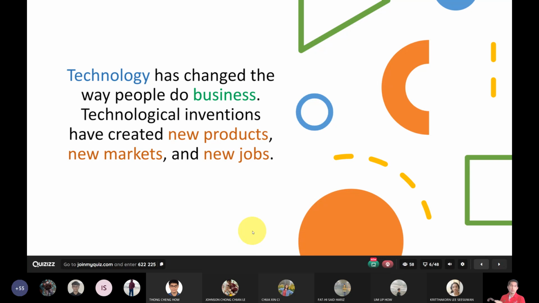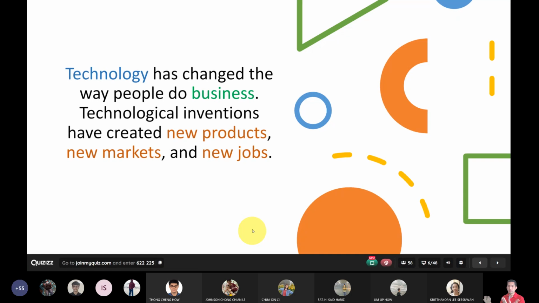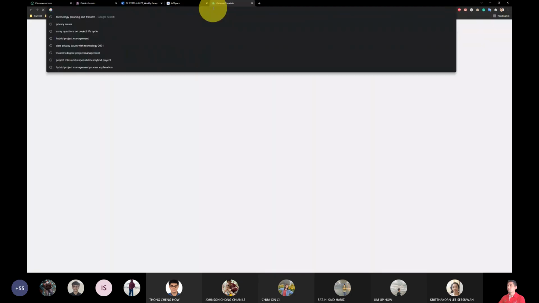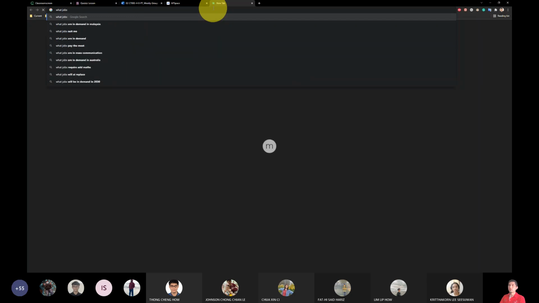So evidently, technology has changed the way people do business. As highlighted here, there are new products that have come up. There's new ways of marketing. There's even new jobs as well. And this is something that we have seen evidently. If you just go and Google, as simple as this, right? What jobs did not exist? Yeah, then you start seeing all the suggestions there.